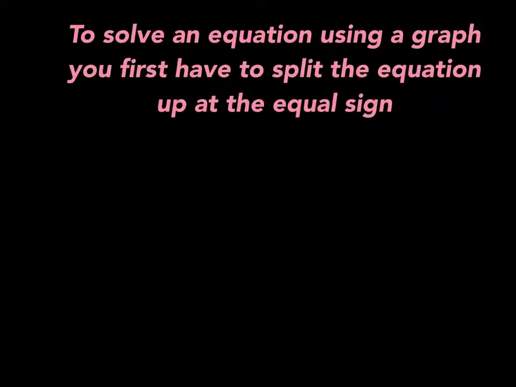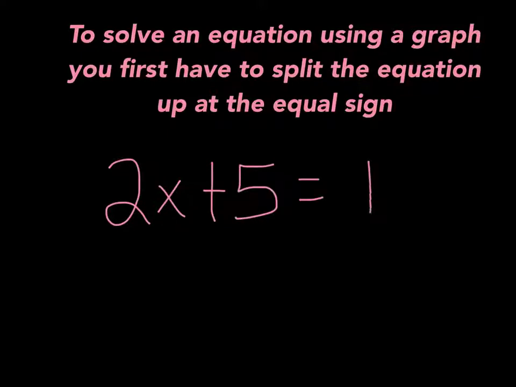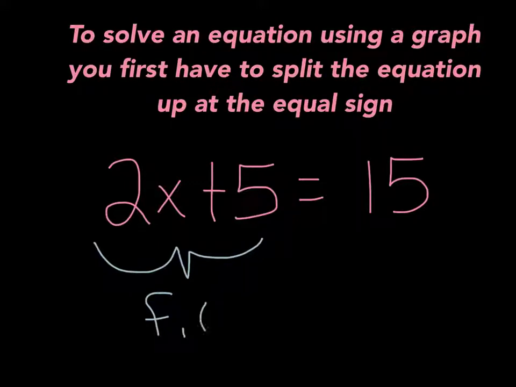For example, if we were using the equation 2x plus 5 equals 15, we would take everything on the left-hand side of the equal sign, and when we put it in our graph, that's going to be our f1 of x. And everything on the right-hand side will be an f2 of x.